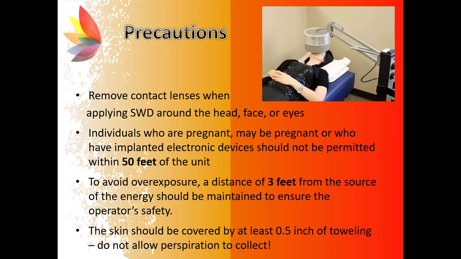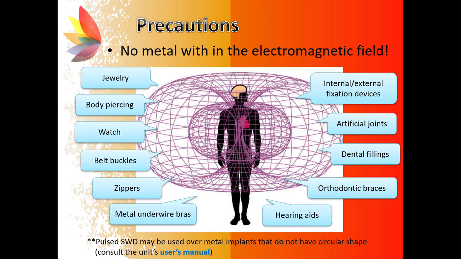The biggest precaution with the use of shortwave diathermy is to make sure that there is no metal within the electromagnetic field. There's a lot of metal objects on people, so some of the most common ones to look out for are jewelry, body piercings, watches, belt buckles, zippers, metal underwire bras, hearing aids, orthodontic braces, dental fillings, artificial joints, and internal or external fixation devices.